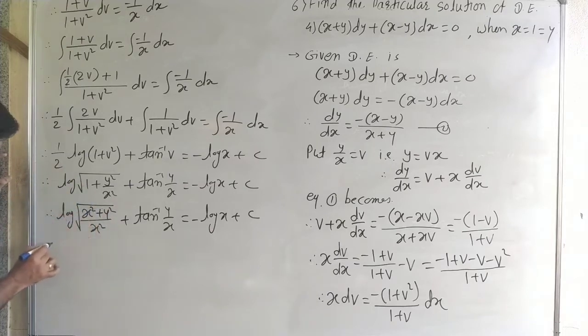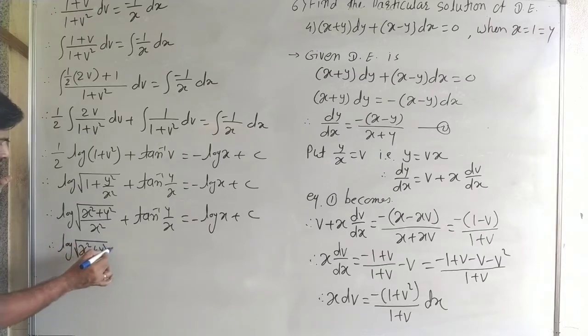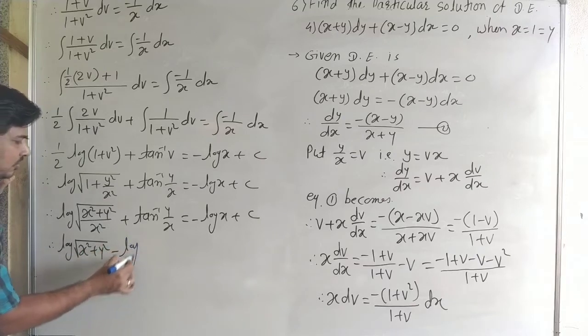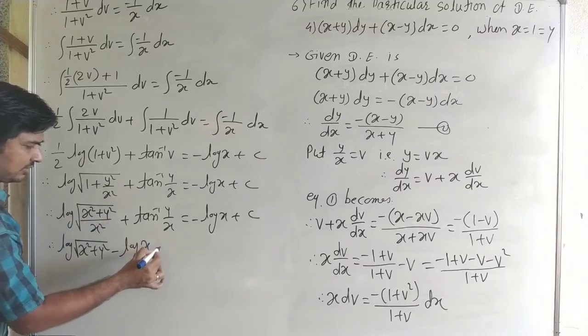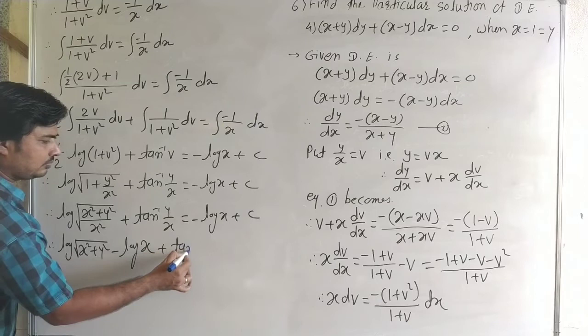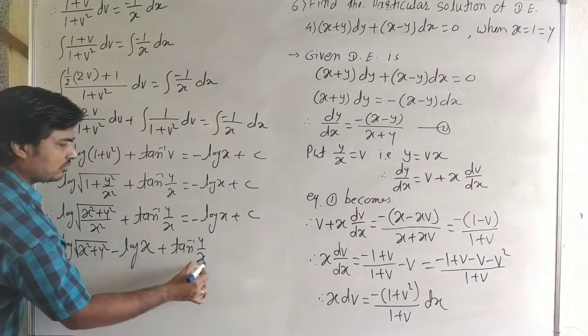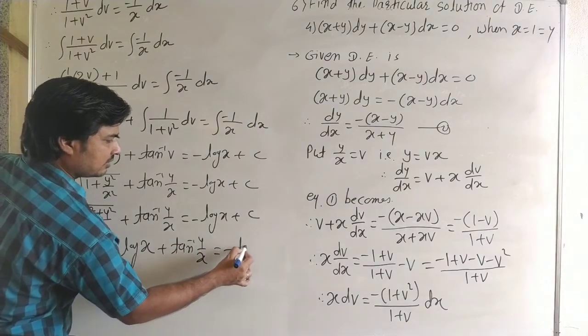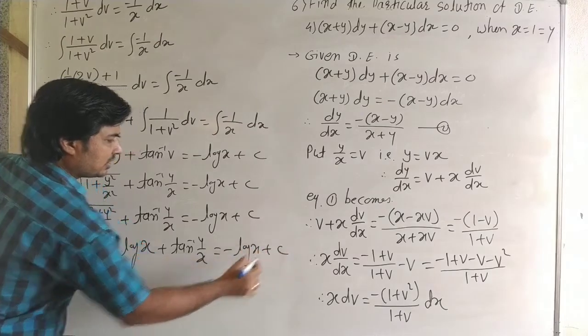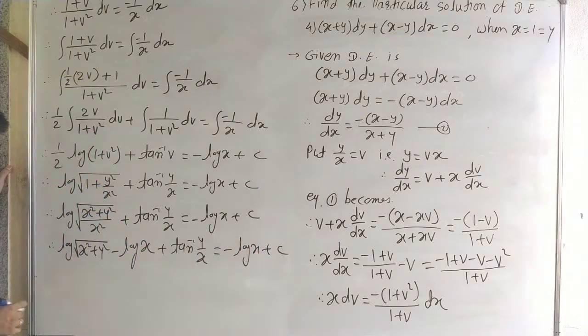Then it is numerator log of under root x square plus y square minus log of under root x square, that is x, plus tan inverse y by x is equal to minus log x plus c. Then here the minus log x gets cancelled.